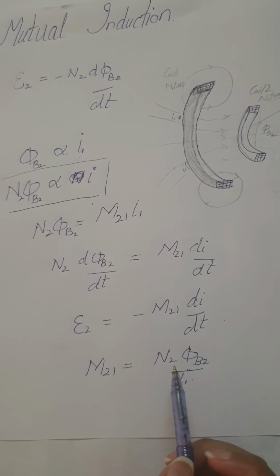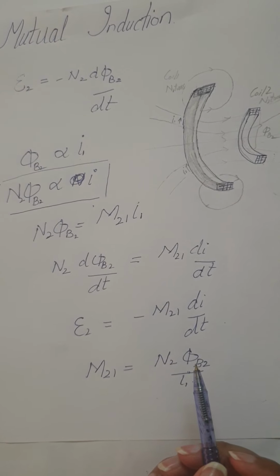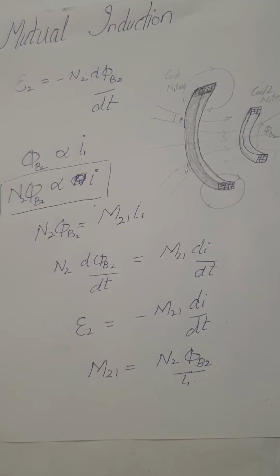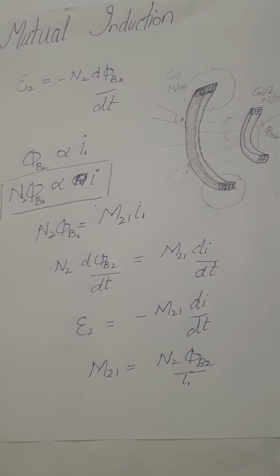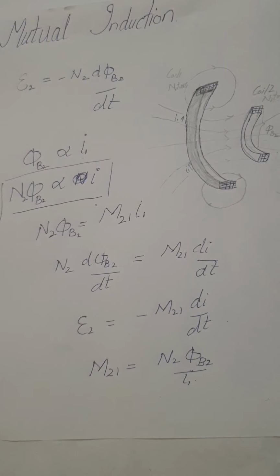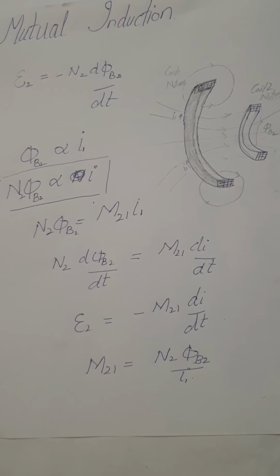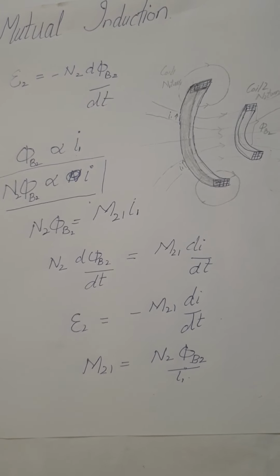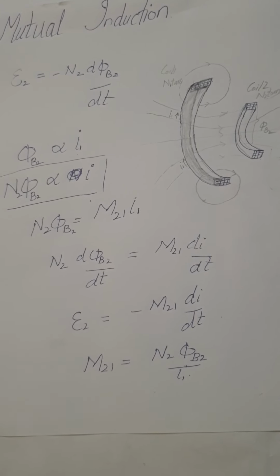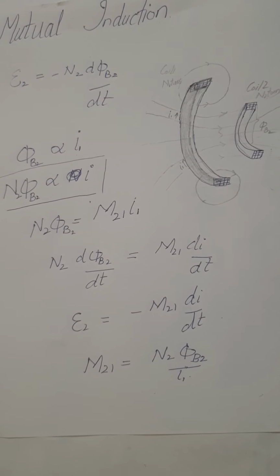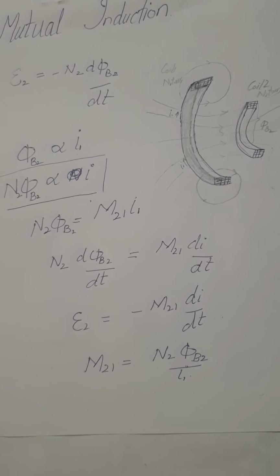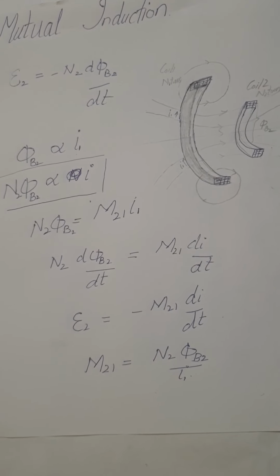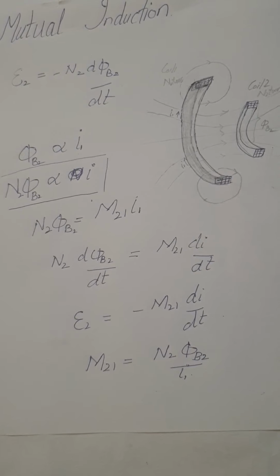For example, if the material has non-linear magnetic properties, that is, if the relative permeability is not constant and magnetization is not proportional to magnetic field, then phi B2 is no longer directly proportional to I1. In that case, the mutual inductance also depends on the value of I1. We assume that any magnetic material present has constant Km, so that the flux is directly proportional to the current, and M21 still depends on geometry only.